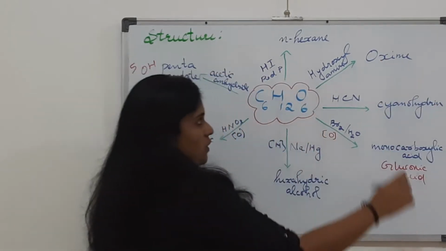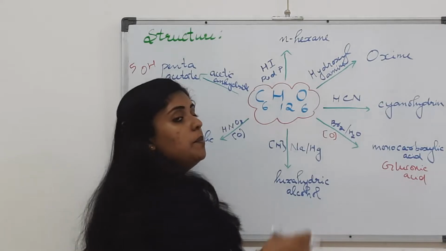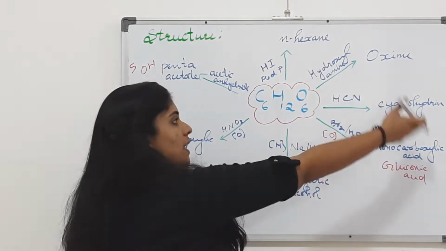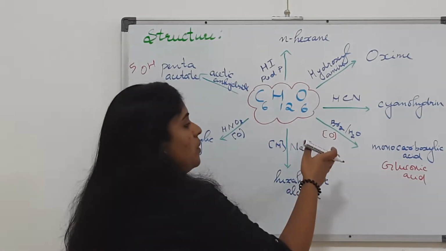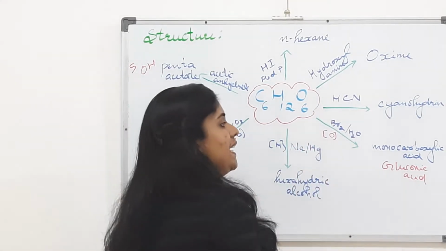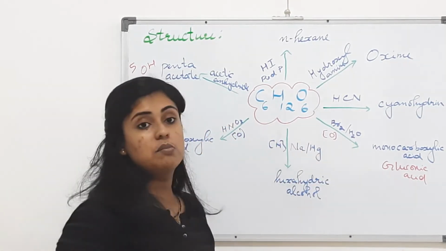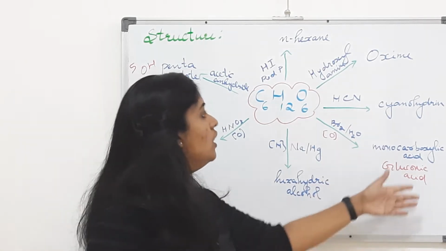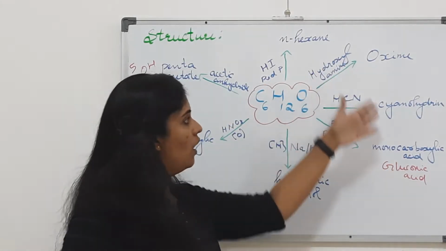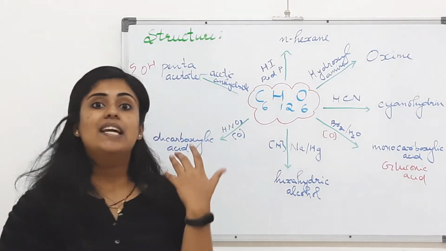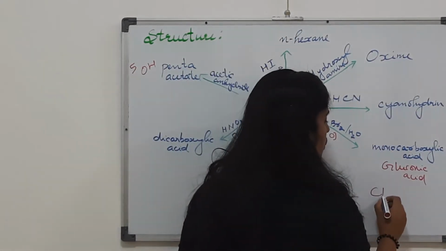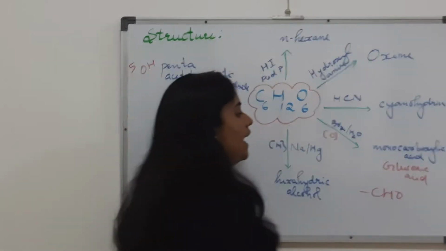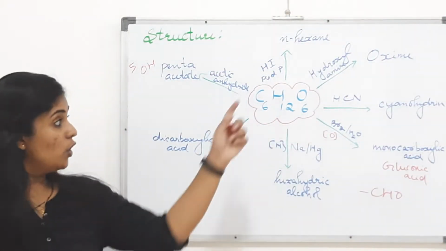So from these 3 reactions, with hydroxylamine they got oxime, with hydrogen cyanide they got cyanohydrin, and on mild oxidation with bromine water and H2O the product formed was a monocarboxylic acid, gluconic acid. From all these reactions they came to the conclusion that a CHO group, an aldehydic unit, is present in the glucose system.